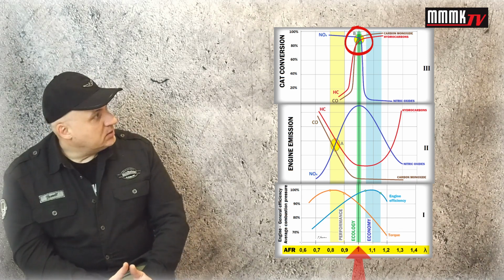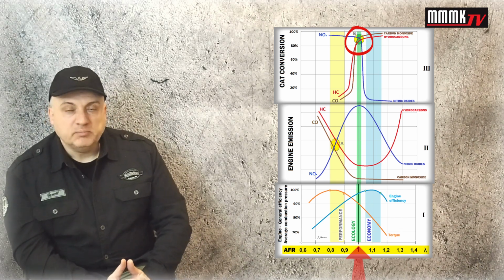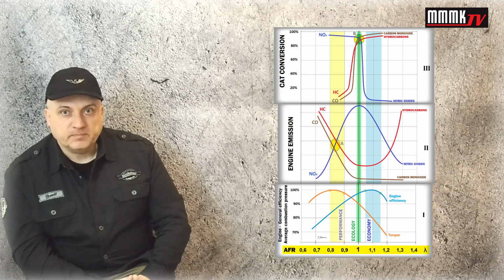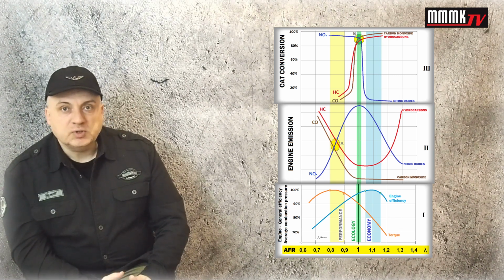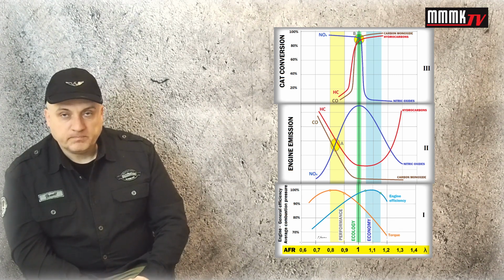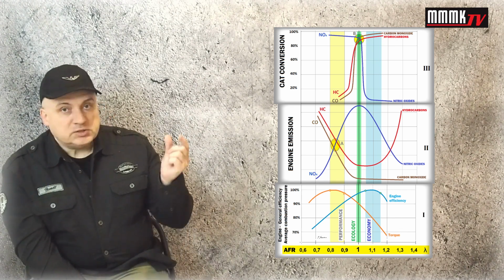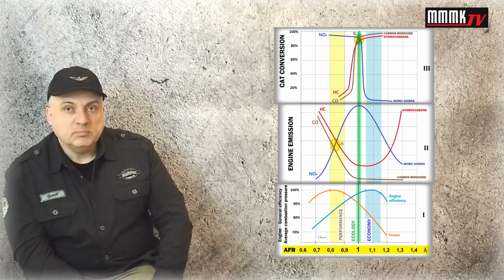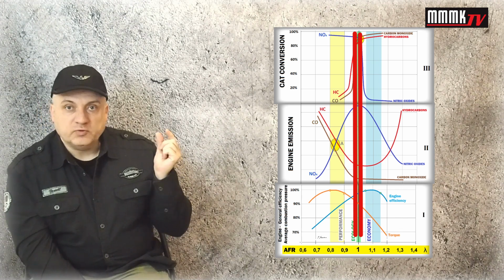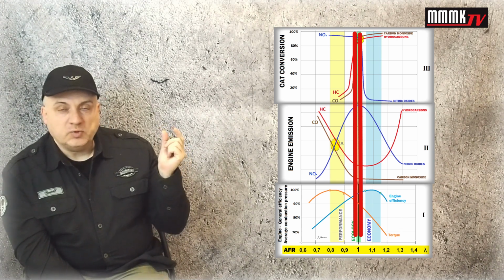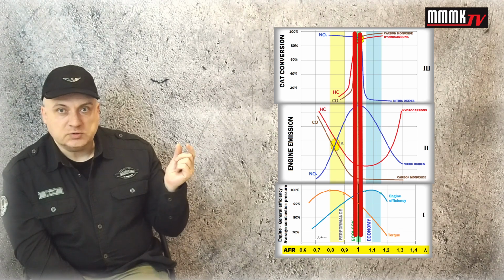To be exact, it has to be lambda 1 plus minus 0.5%. But of course this is not realistic for the real engine. So this is why the injection system used to keep it lambda 1 plus minus 3%. And this is where the modern engines are being adjusted, exactly for this narrow range of lambda values.